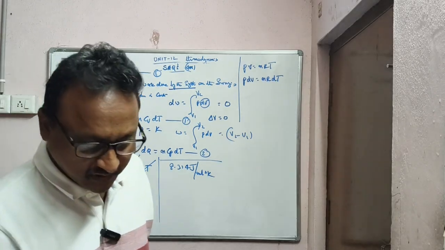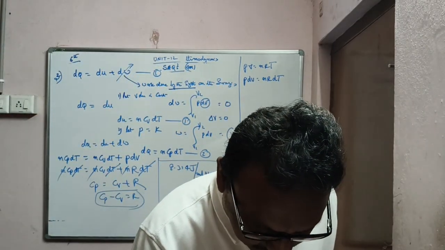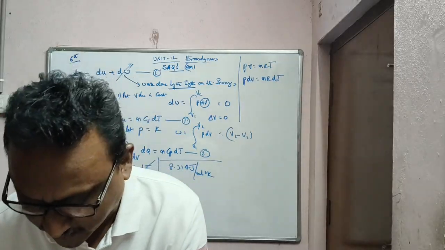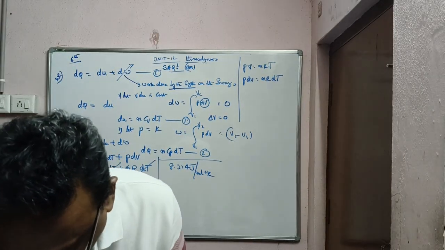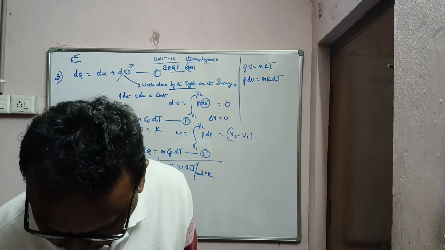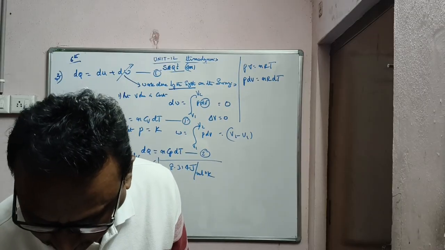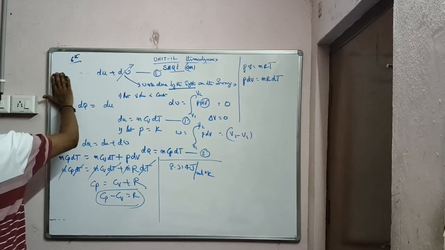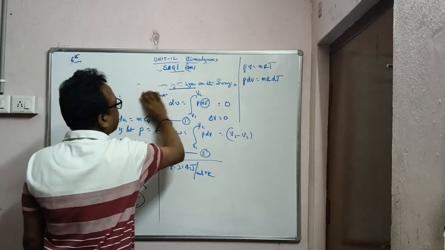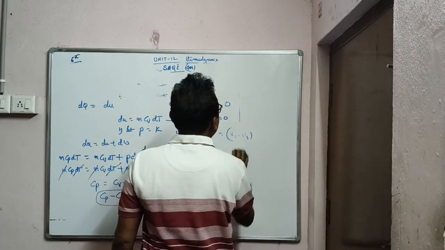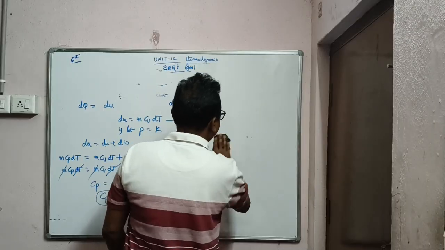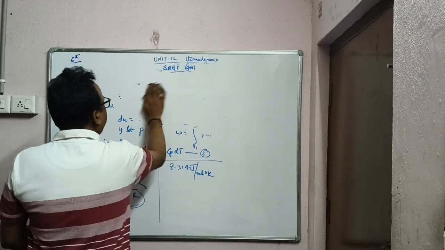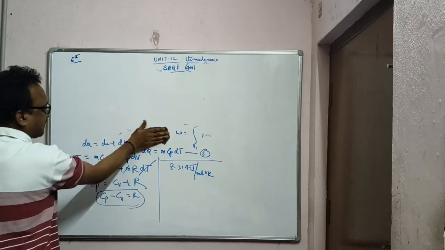Let us go to the fourth question. Explain the drawbacks of the first law of thermodynamics. Let us start. This is asking about the drawbacks of the first law. Let us write some points in terms of drawbacks.